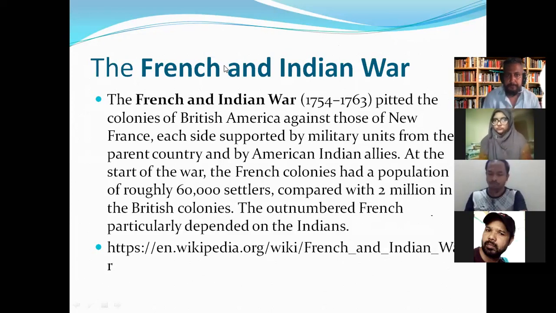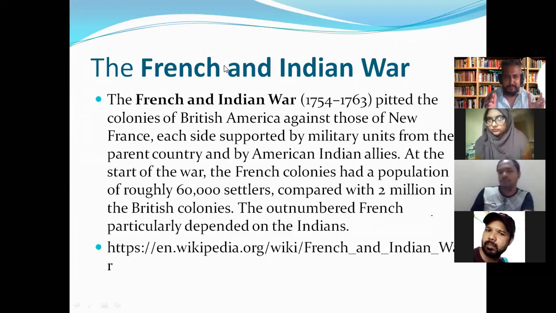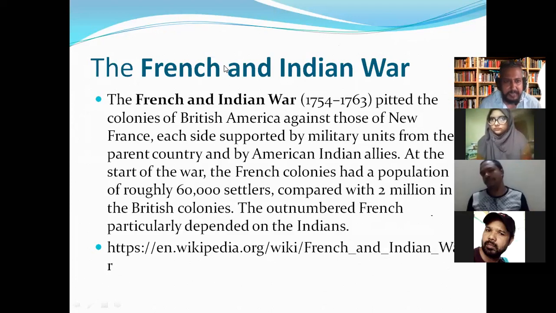So the French and Indian War had been happening. So the host country, that means the Canadian people, also had been supporting both the French and the Indian people. And at the start of the war, the French colonies had a population of roughly 60,000 settlers.